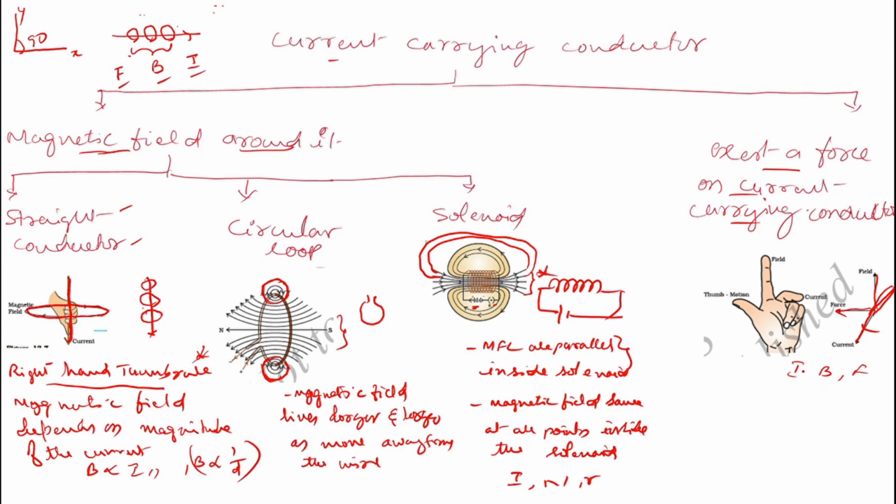These three, if you plot in a graph, you can observe like this. This is the x-axis and this is the y-axis. One more axis, the z-axis. See, these three are perpendicular to each other: 90, 90, 90. So these three parameters are perpendicular to each other.